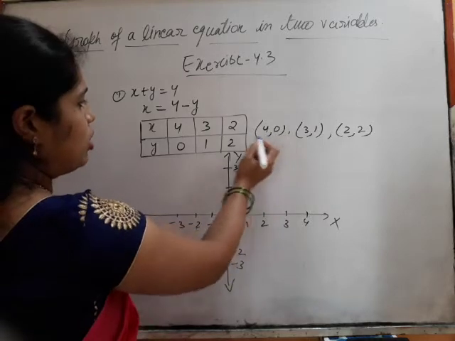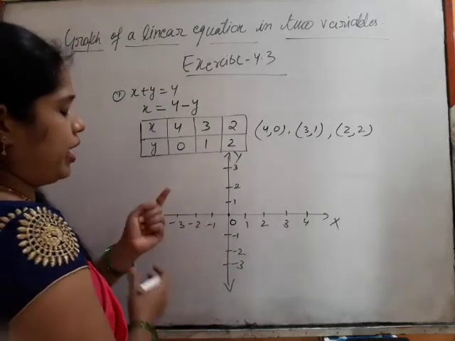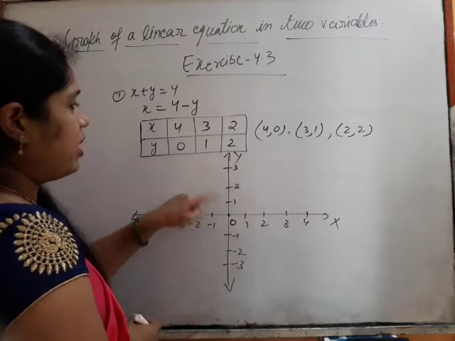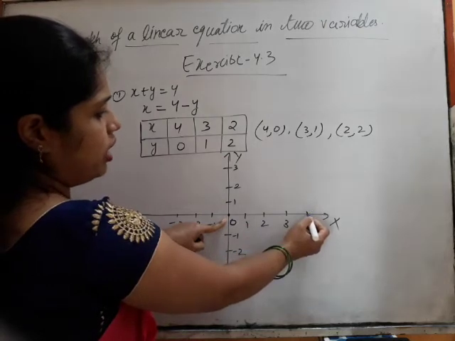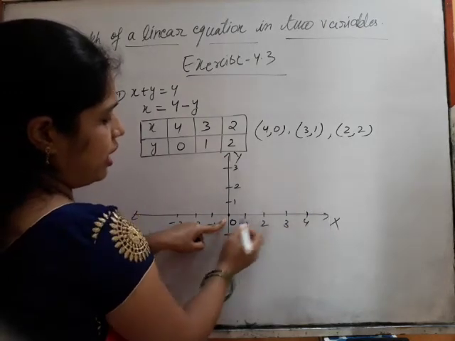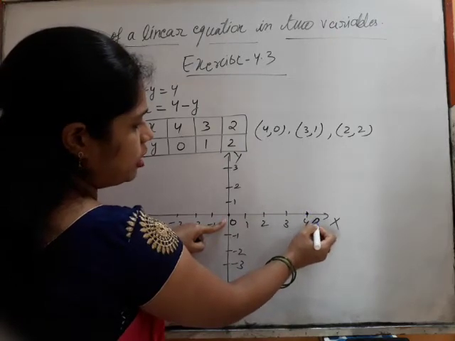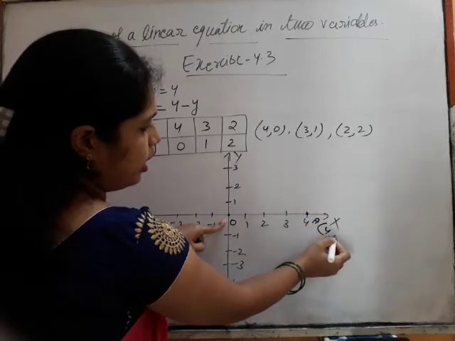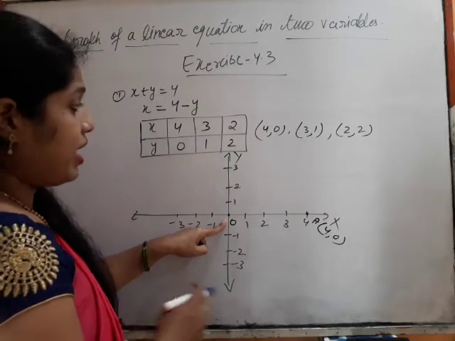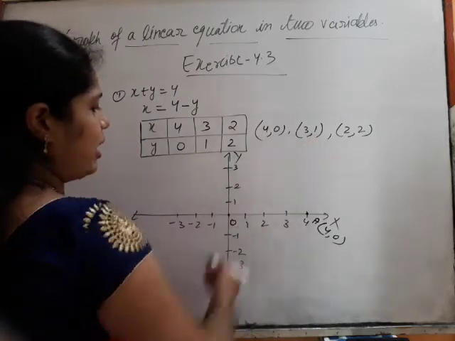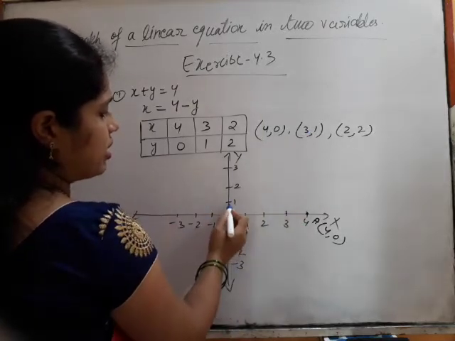Now the value of x and the value of y. For the first point, the value of y is 0 and the value of x is 4. Where is 4? Here. So this will be the first point whose coordinates are 4 and 0. Next point, 3 and 1: 3 on the x-axis and 1 on the y-axis.